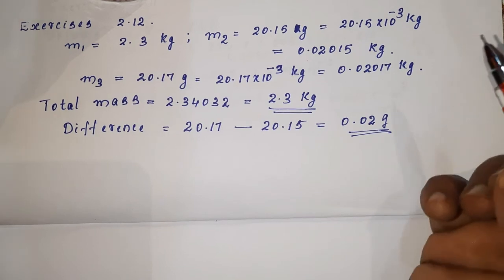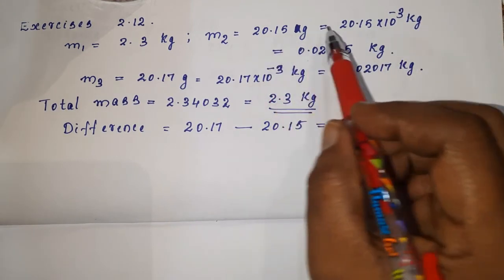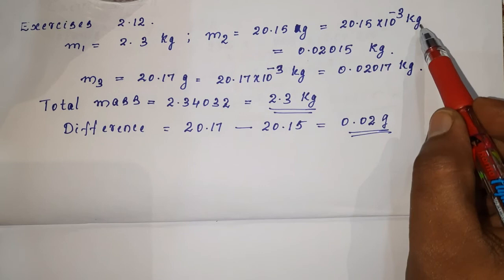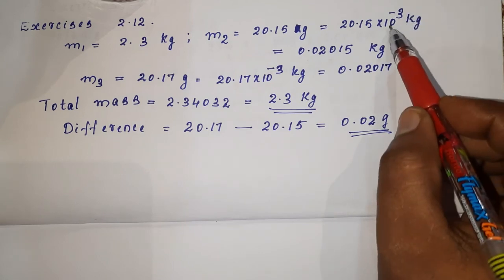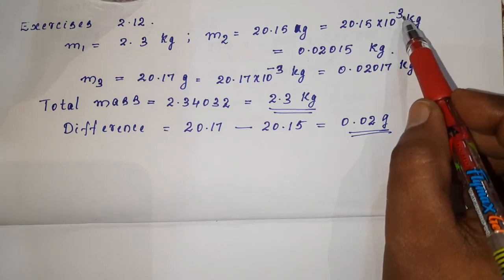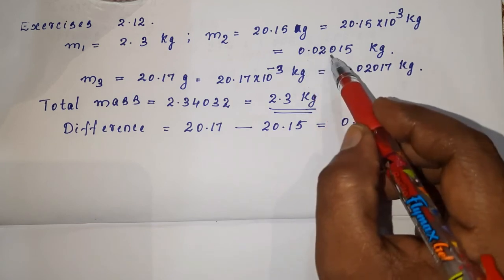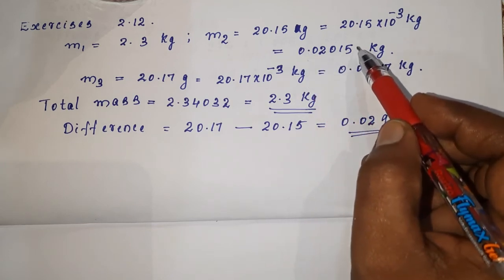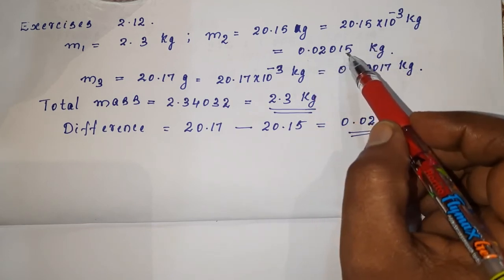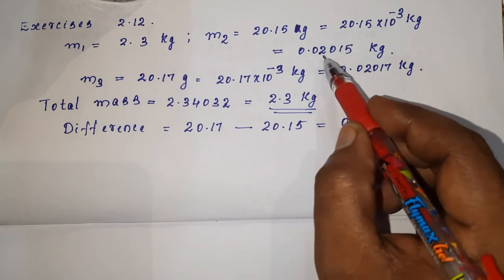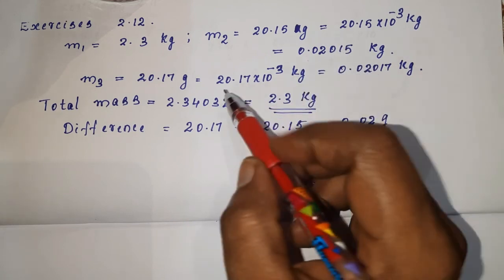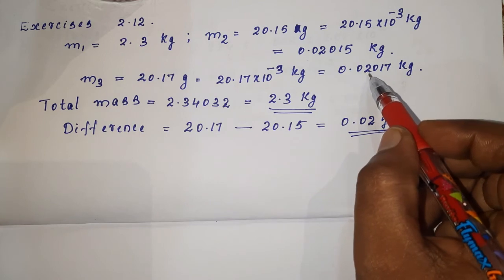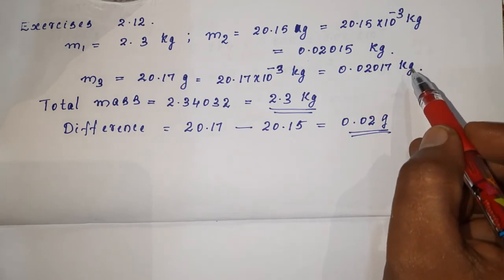In this question masses are given. The masses which are given in grams, you have to convert into kilogram, so multiply with 10 raised to minus 3. Then write like this, because we have to add, so you have to write in the form of decimals. 0.02015 kilogram. Likewise this becomes 0.02017 kilogram.